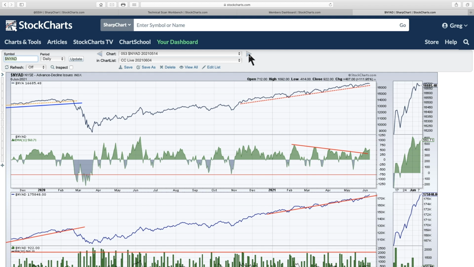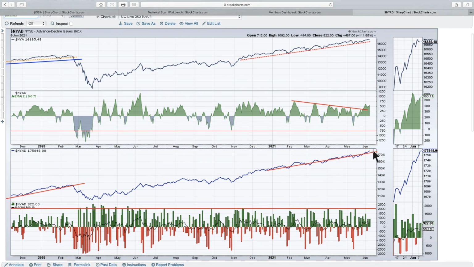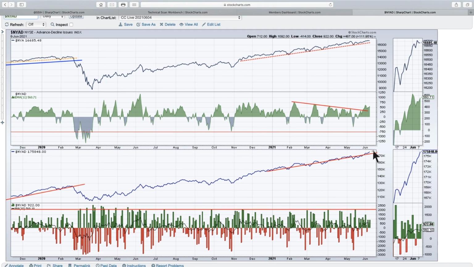Looking in on the advanced decline indicator, what we've got here is an uptrend from December. This is on the New York Composite, not on the NASDAQ. And what we see is this has been trending higher and making higher highs. So that's very bullish. And the data on the chart itself, clearly everything's trending higher, and that's the way it should be.